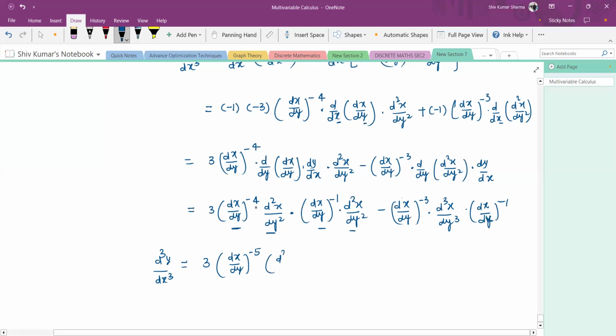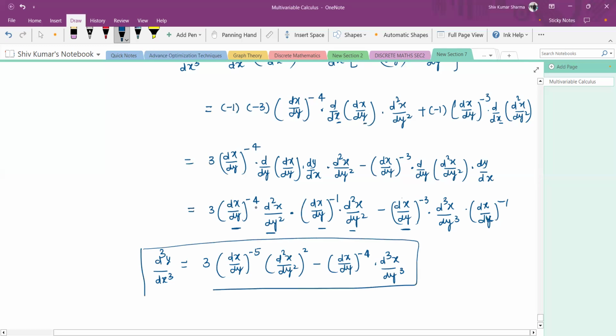So we write down as (d²x/dy²) whole square minus. So power 3 is here and 1 is this. So we write down as (dx/dy)^-4 into d³x/dy³. So this is the third derivative.